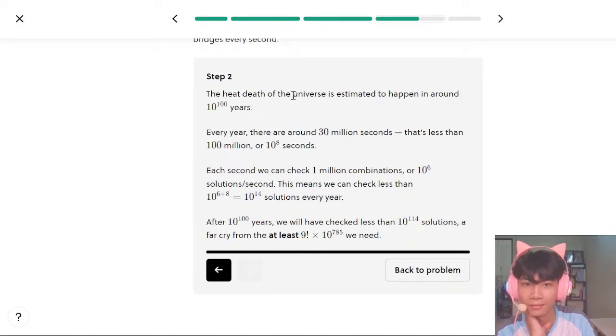The heat death of the universe is estimated to happen in around a huge number of years. Every year there are around 30 million seconds, and at less than 100 million a second we can check a million combinations.